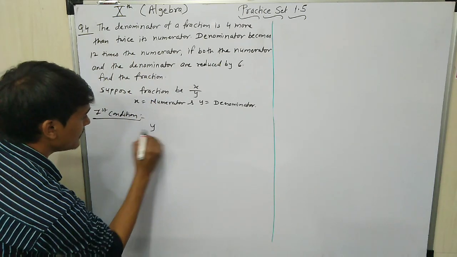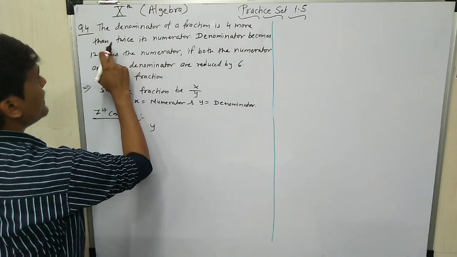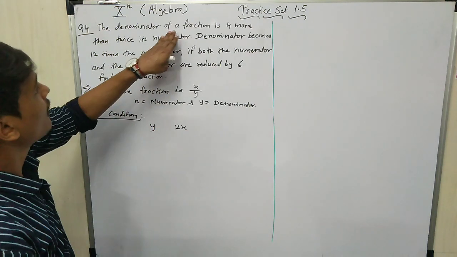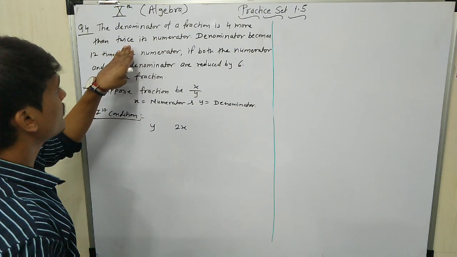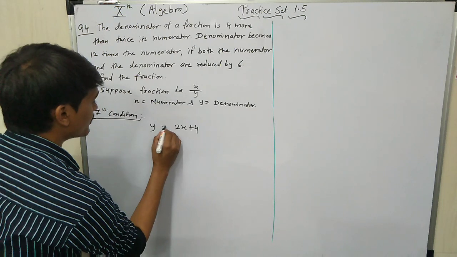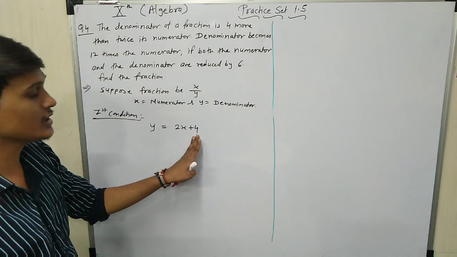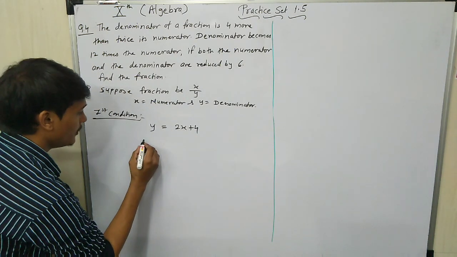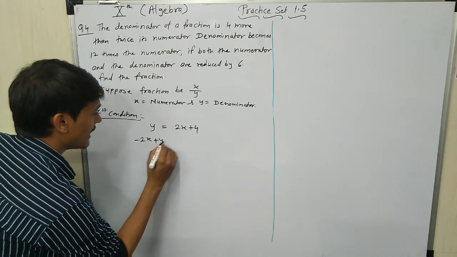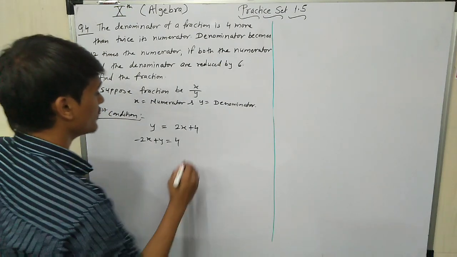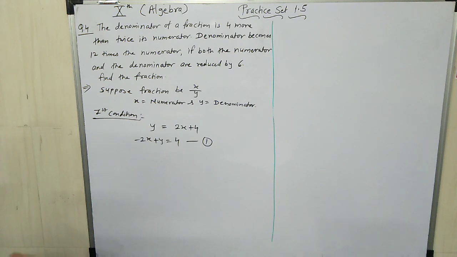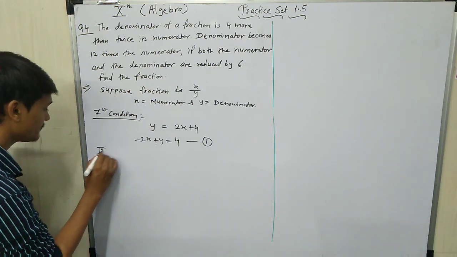Denominator means y and twice the numerator. How much is our numerator? Twice, 4 more than twice the numerator. Then the equation is y is equal to 2x plus 4. We substitute here: minus 2x plus y is equal to 4. This is condition number 1. Got it? Now second condition.